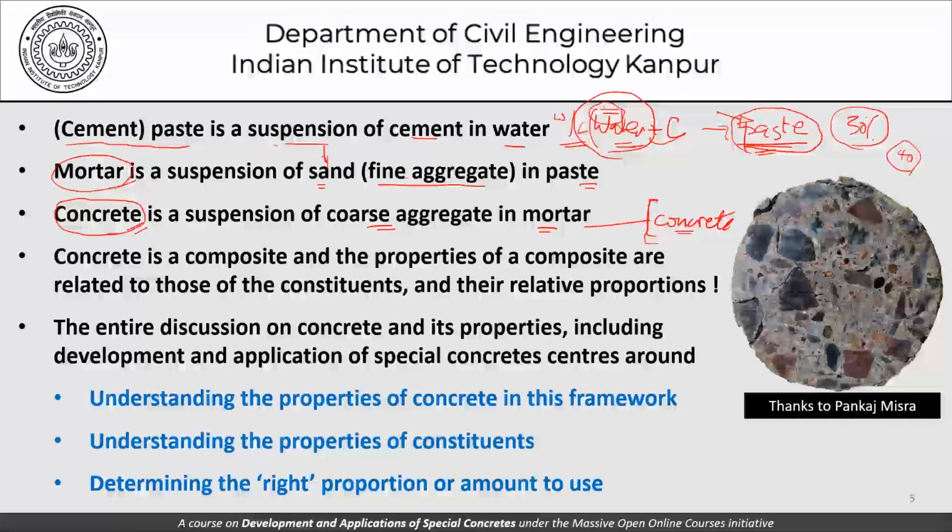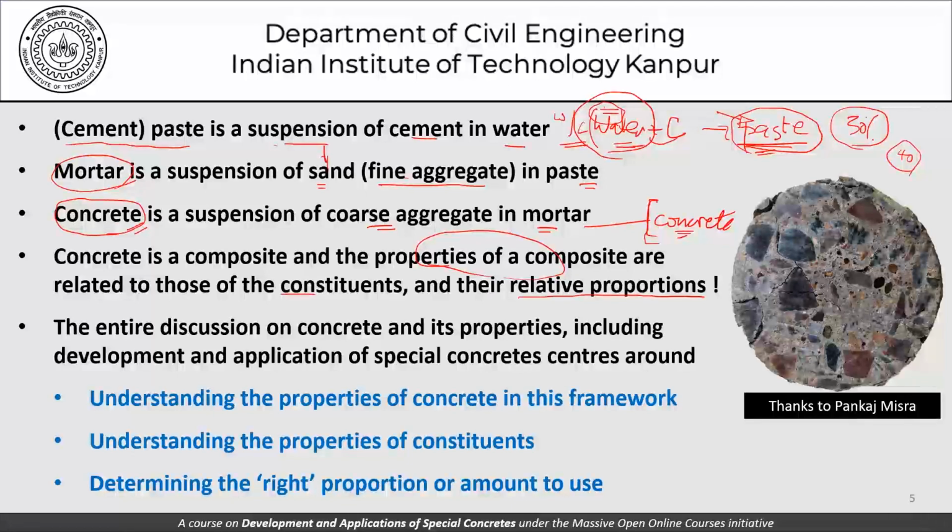If we want a certain property in concrete, how much sand we put in and how much cement we put in will determine the properties of the composite. It's not only the properties of the constituents, but also their relative proportions.